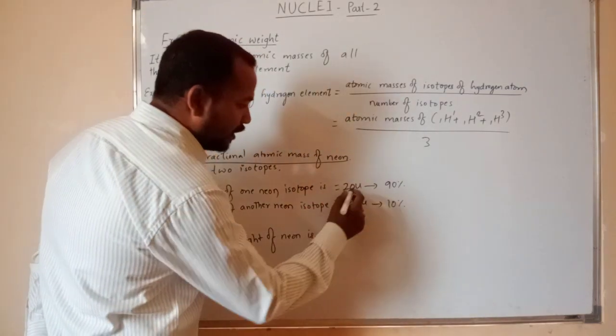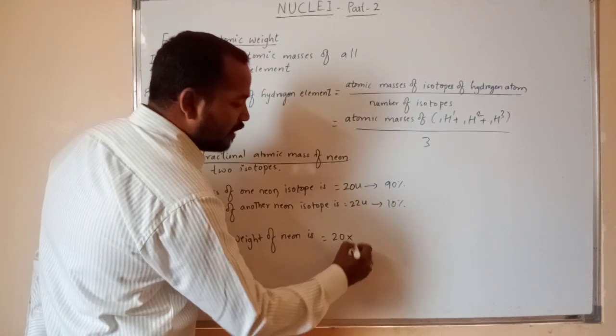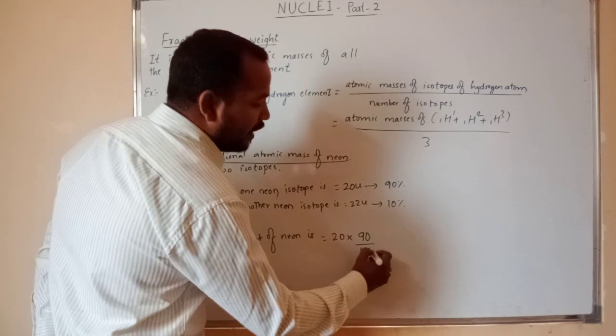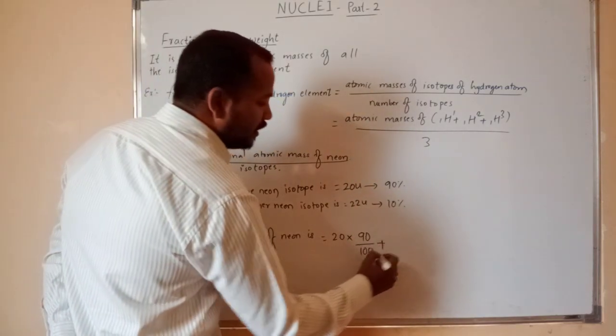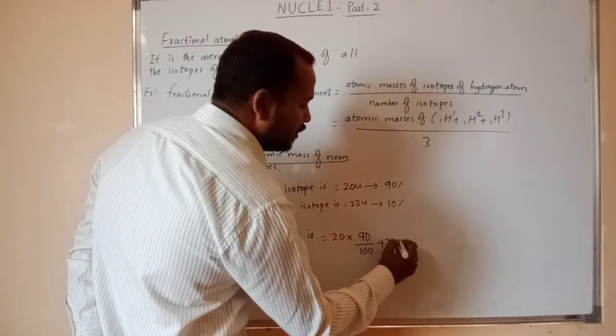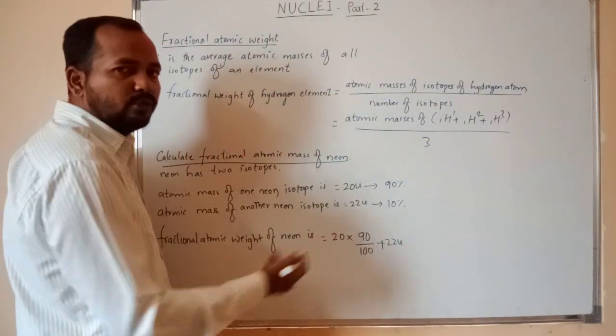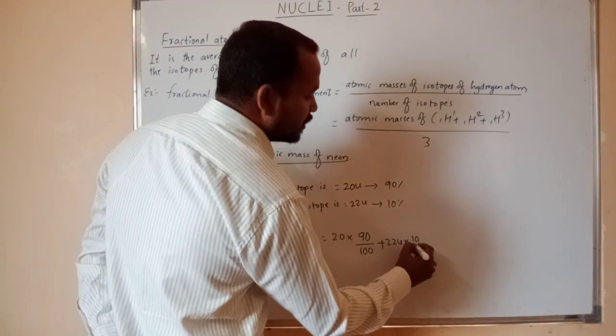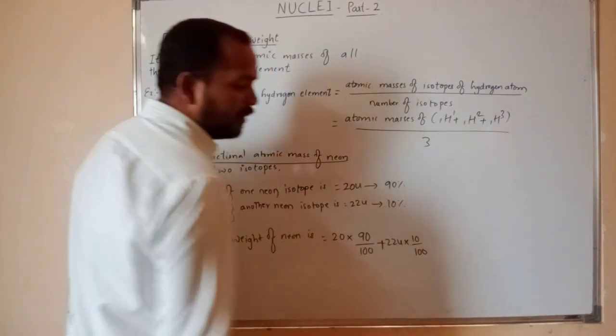So here, how much is the 20 unit available, how much percent? 90%, which means divided by 100, plus the other neon isotope of 22 atomic mass units into how much percent? Into 10%. 10% means divided by 100.